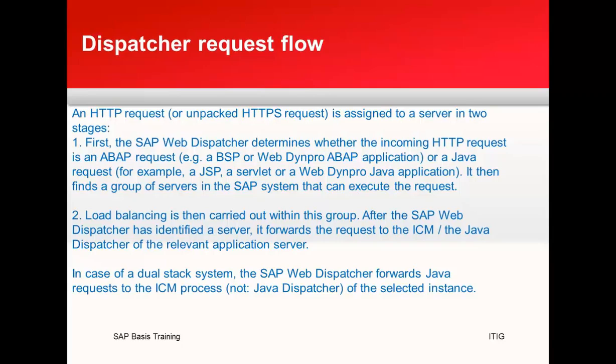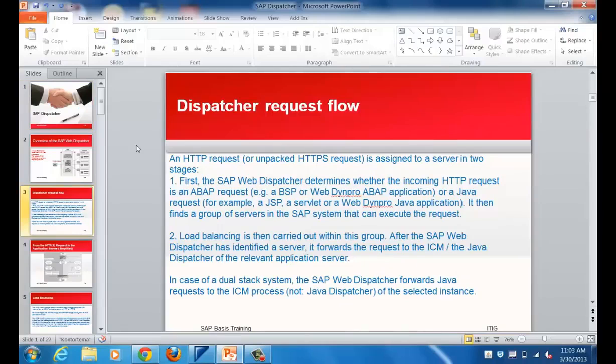Here we will look into how this function is performed. When an HTTP or HTTPS request is assigned to a server, it is assigned in two stages. First, the SAP web dispatcher determines whether the incoming HTTP request is for an ABAP request or for a Java request.